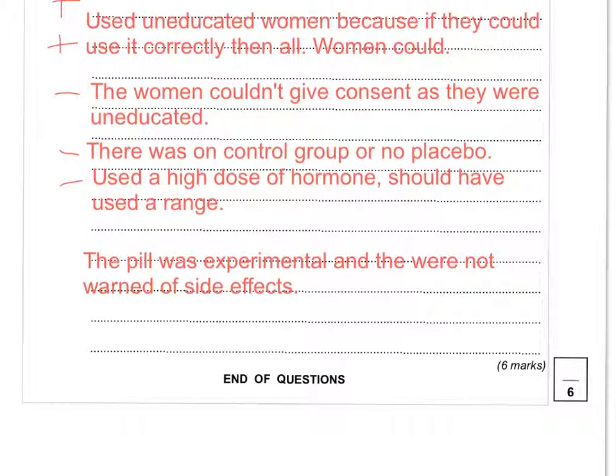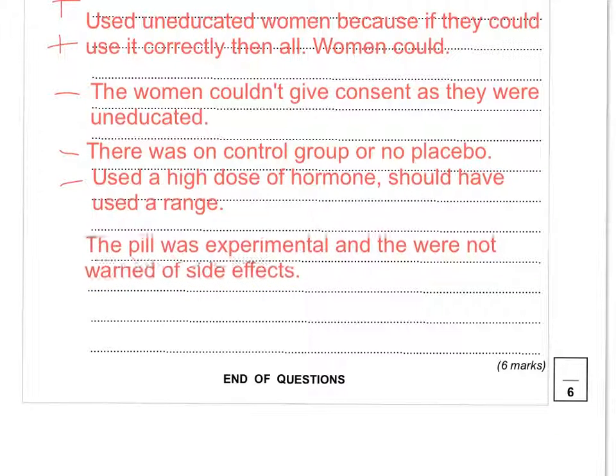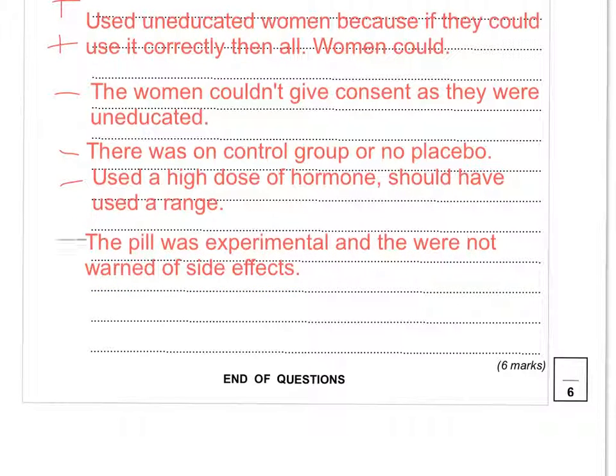Okay, so those are the negatives there. So we've got 6 points, 6 marks, and that was quite a nice one. It gives you a lot of information in the question that you could have used, so it gives you at least 3 easy points. Then it depends on your knowledge to try and get the rest of them.